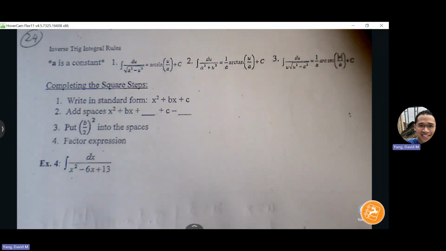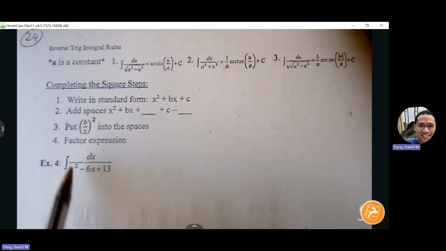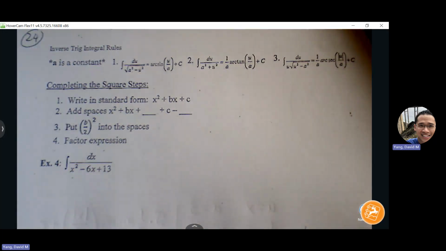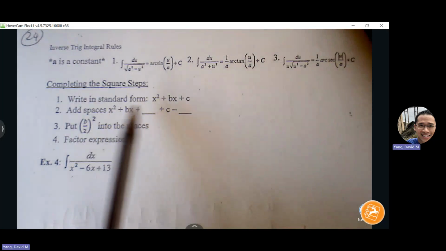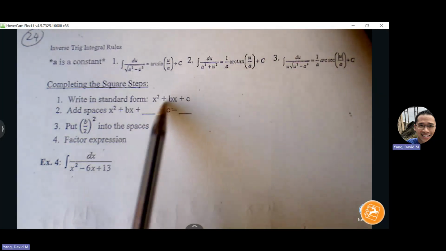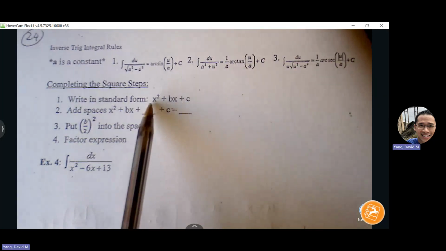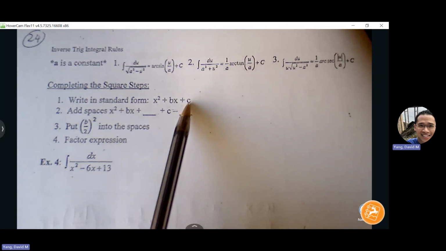Okay, and this process is called completing the square. Completing the square allows us to get something like a trinomial into something that is a square term plus a square term. Let me just walk through the steps here. We're always going to try to get into standard form first, in decreasing order of degrees.